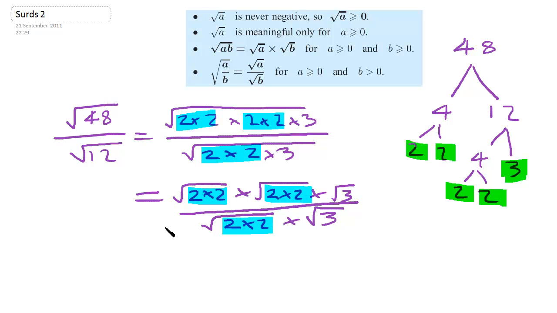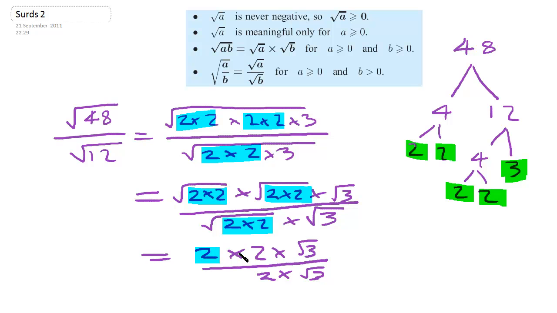And therefore this is equal to the square root of 4, which is just 2, times this one is just 2, times square root of 3, and then we've got that over 2 times square root of 3. So we can see how the top two numbers end up as that, and the bottom one ends up as that. Now I'm running out of room at the bottom, so I'll stick to equals signs going below each other.